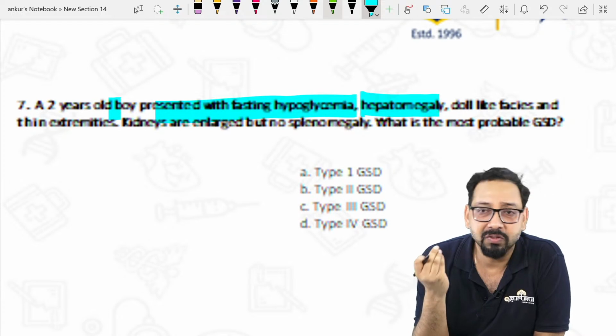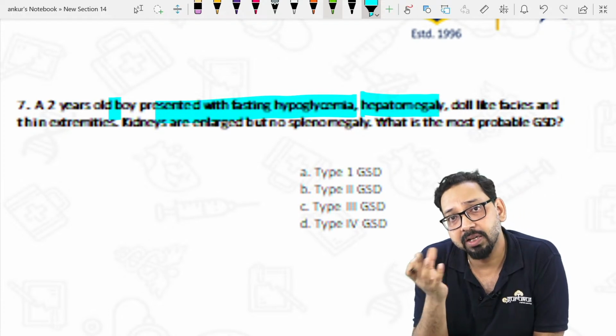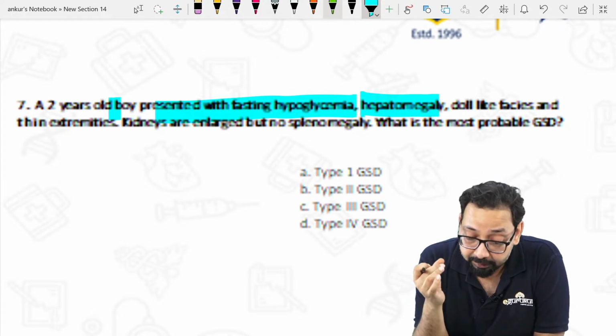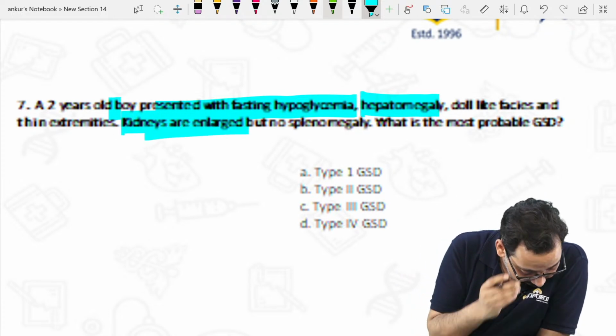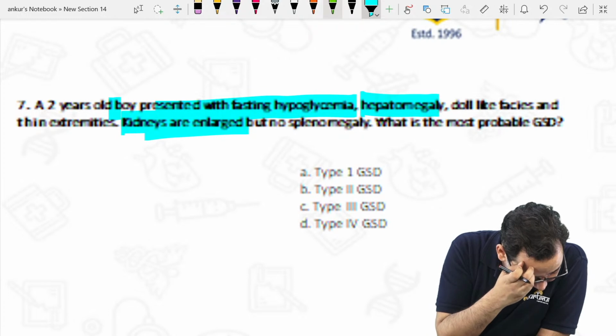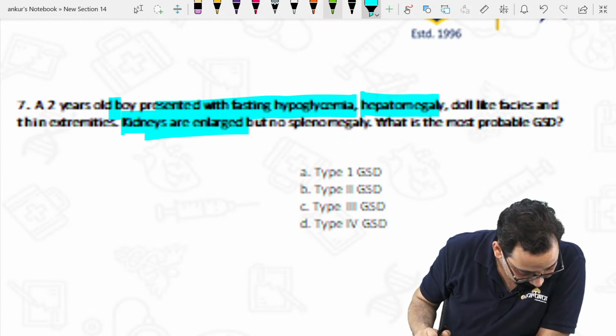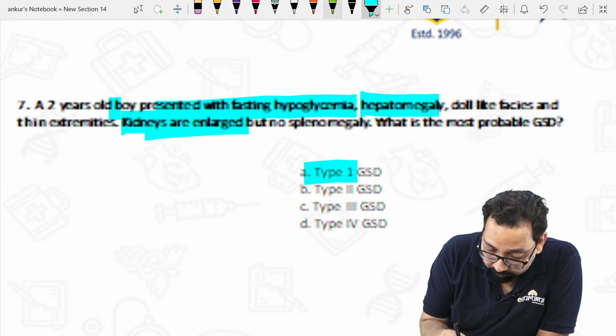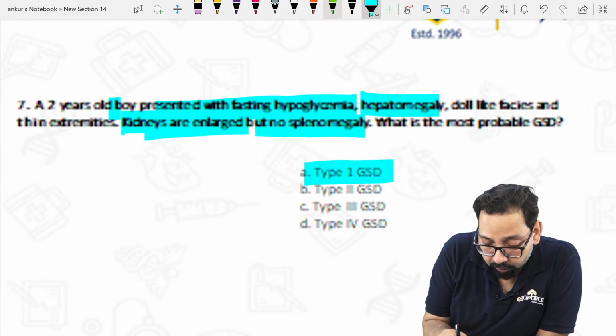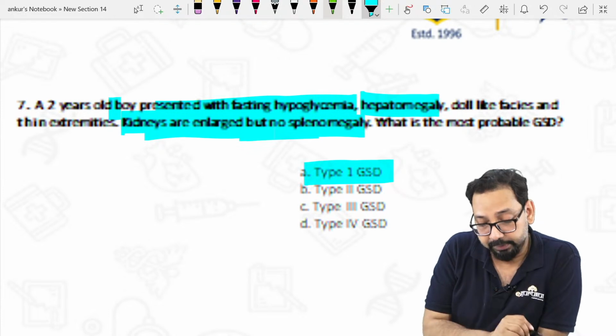Other than that, so many disorders have a similar appearance. But the catching point is enlarged kidney. Yes, Shivangi, very good. Von Gierke's disease: no splenomegaly, hepatomegaly.